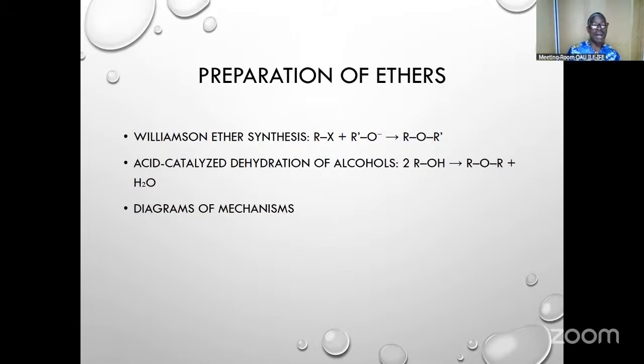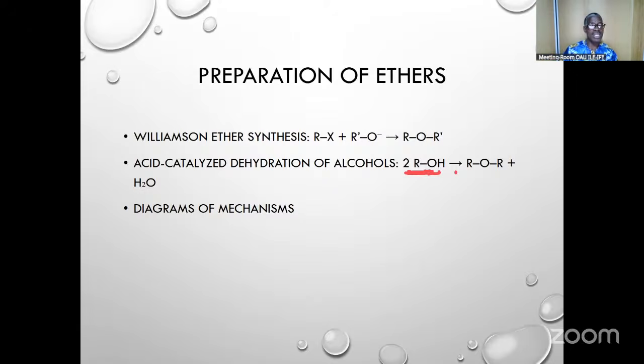Also, we talked about synthesis or preparation of ethers, where the first one is the acid catalyzed dehydration of alcohols. If you dehydrate 2 moles of alcohol, especially in the presence of concentrated H2SO4 at 140 degrees Celsius, you have an ether.